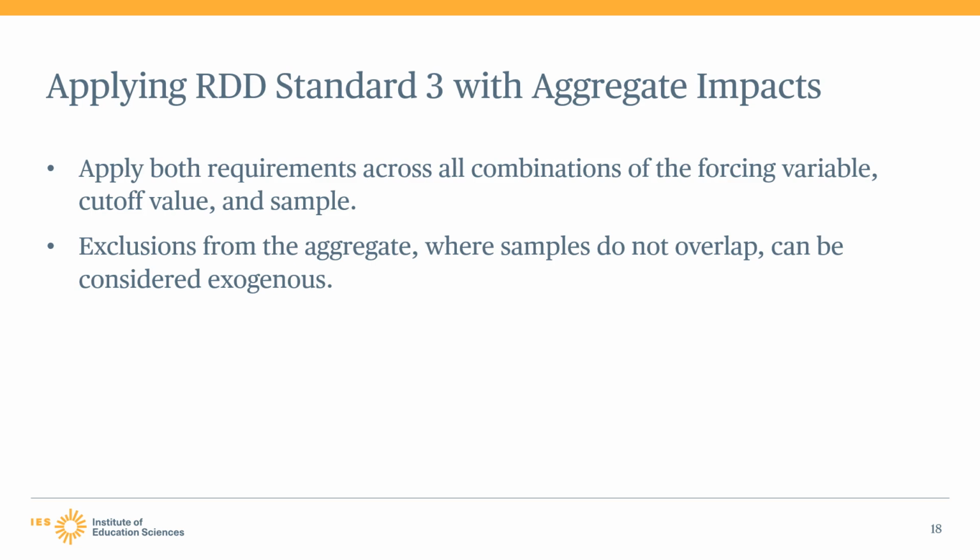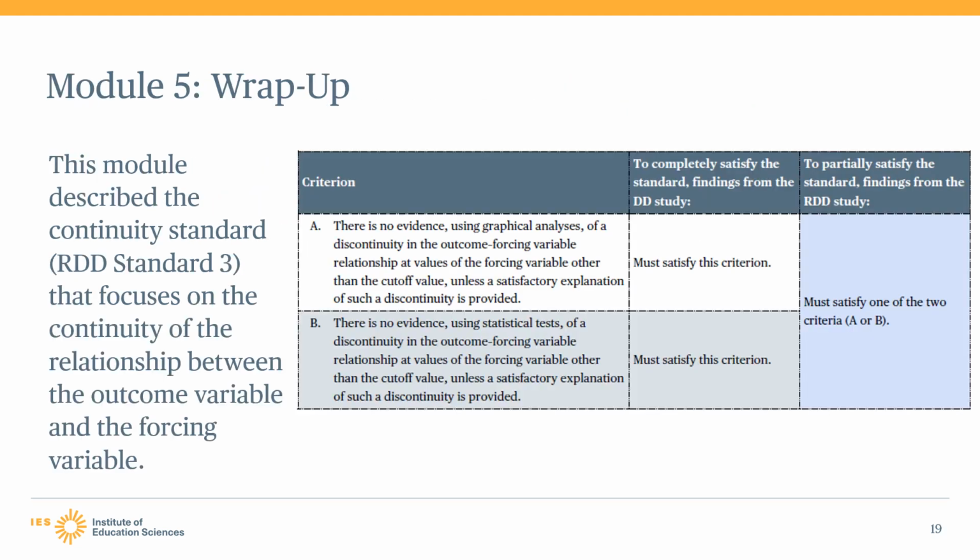In cases where impacts from disjointed or non-overlapping samples are being aggregated, it is again acceptable to exclude from the aggregate impact any impacts from samples that do not satisfy this criterion, because again, such exclusions would be considered exogenous. This concludes our module on the WWC's RDD Continuity Standard, or RDD Standard 3.